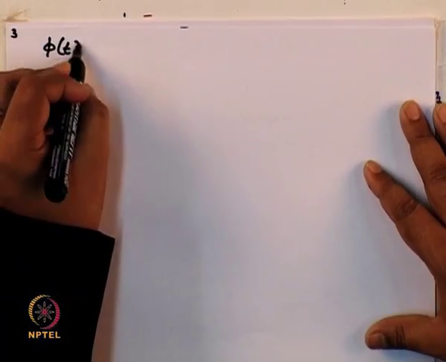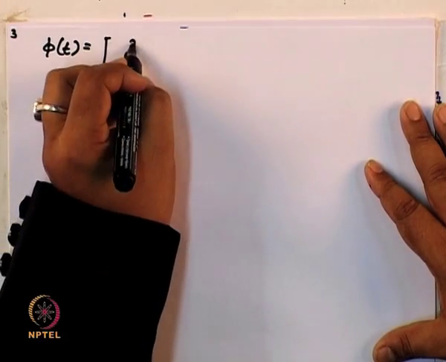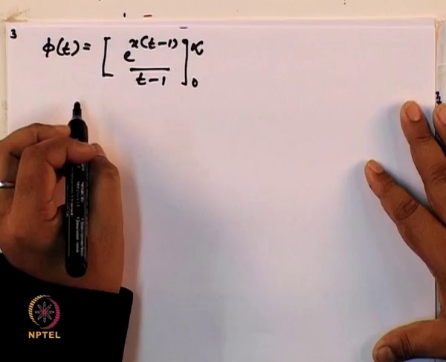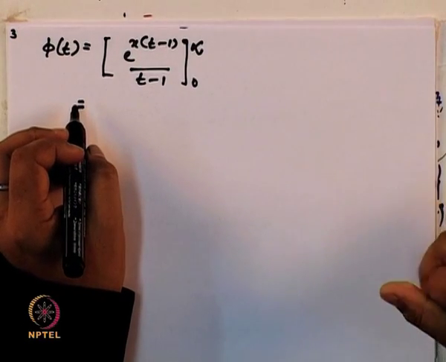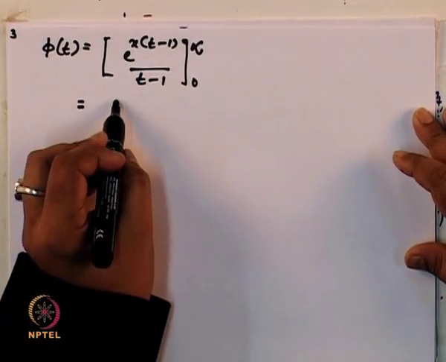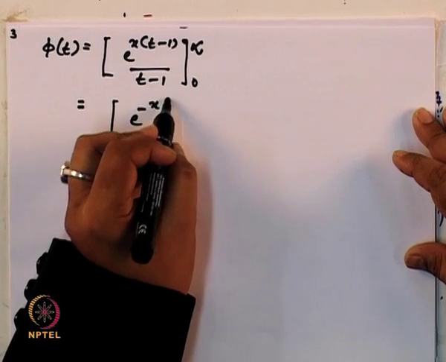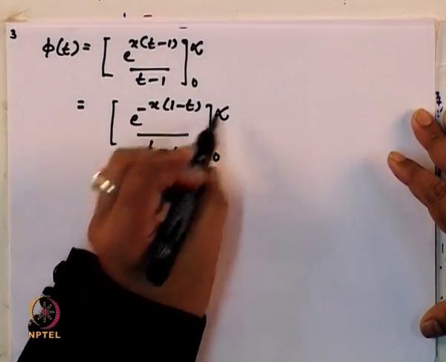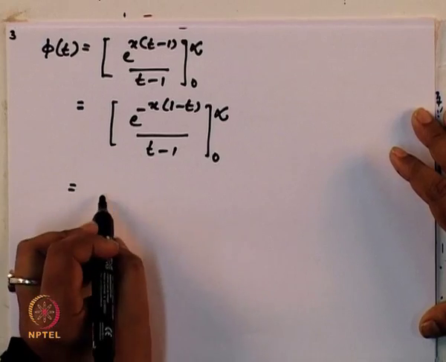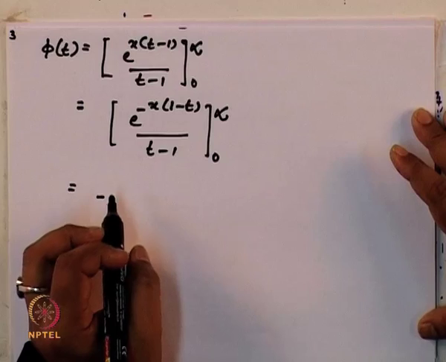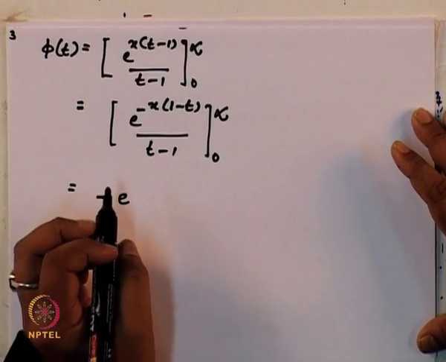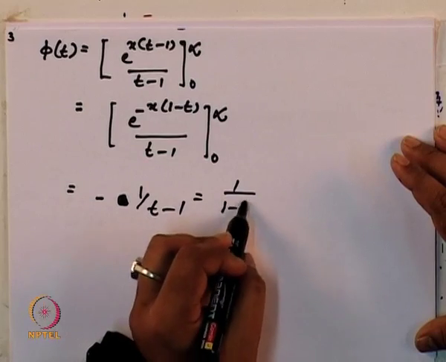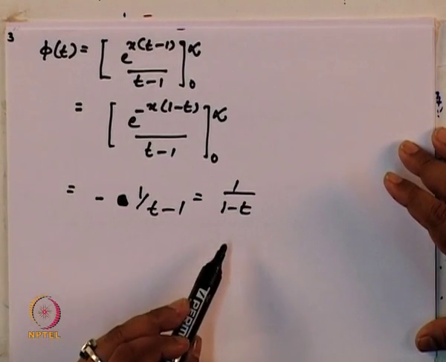So, I have gotten phi of t, and I can write this as e to the power minus of (1 minus t) x, and evaluating at x equal to 0, I have 1 by t minus 1, equal to 1 by 1 minus t. Okay. So, phi of t becomes 1 by 1 minus t.